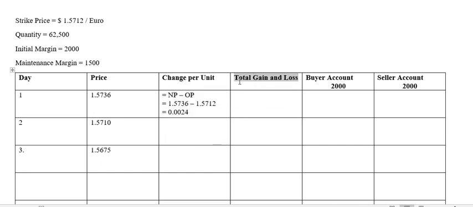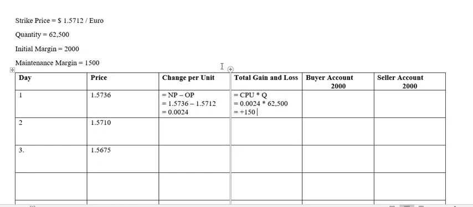If you wish to calculate the total gain or the total loss, you need to multiply this change per unit by the quantity. So our change per unit is 0.0024 multiplied by the quantity 62,500. So the total change that we will have is 150. Now this 150, is it a profit for the buyer or not?